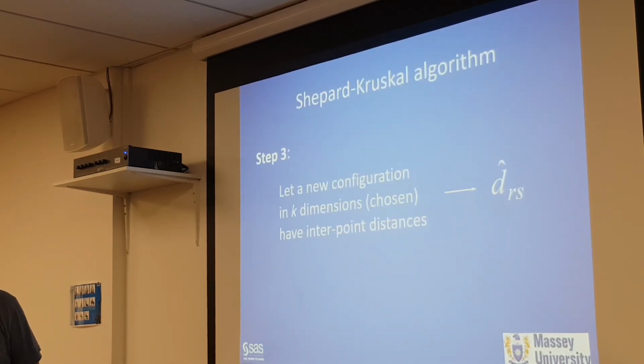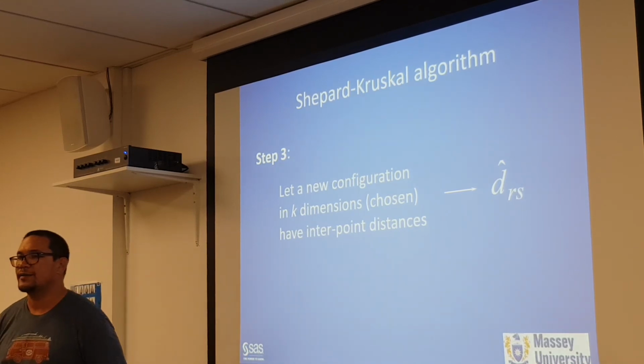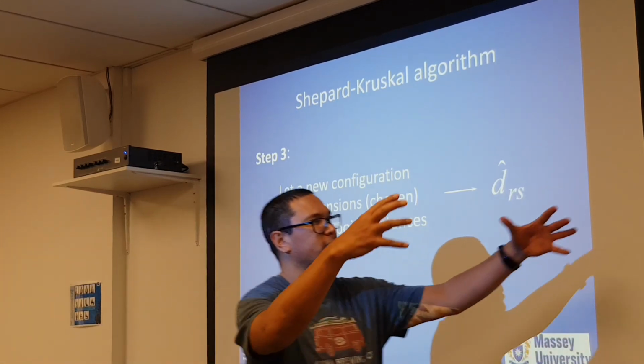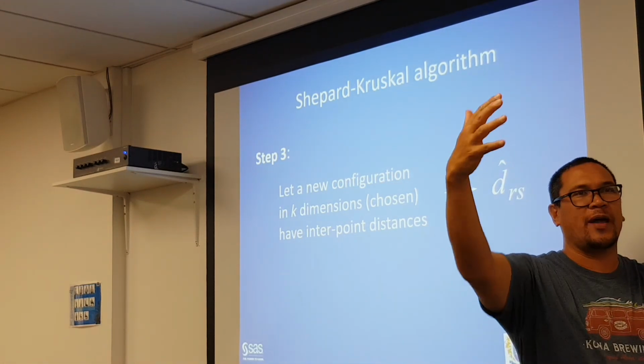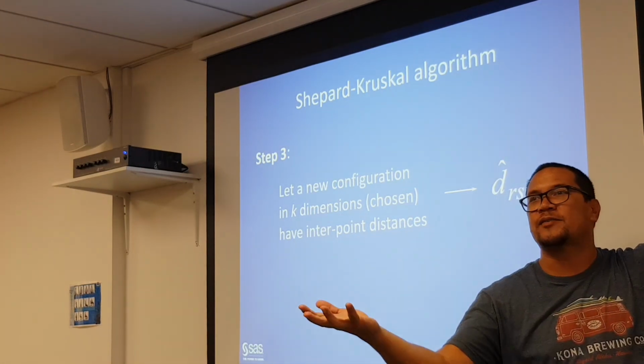Okay, so the third step is we're going to find a configuration of points, right? And those points will then have their own interpoint distances, right? So we've got our full dimensional space, and we have a whole bunch of points, right? And we're going to use the ranked distances between those, and then we're going to draw it on the map. We haven't said how we're going to draw it on the map.